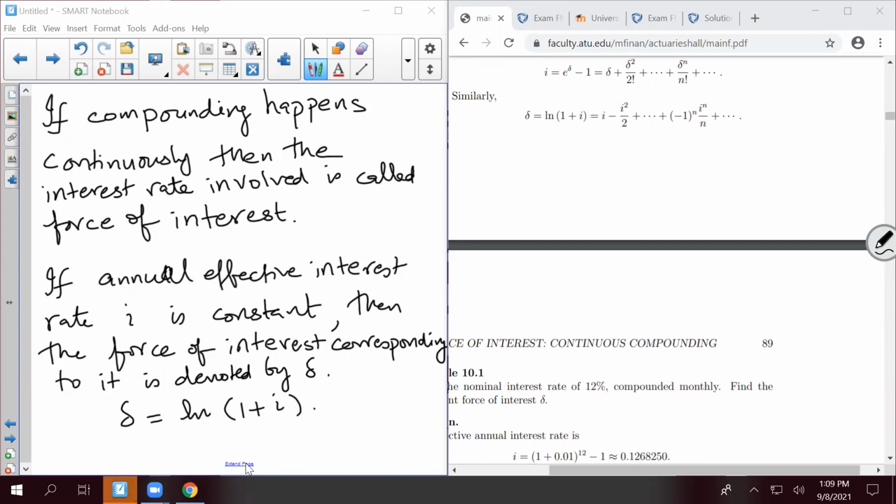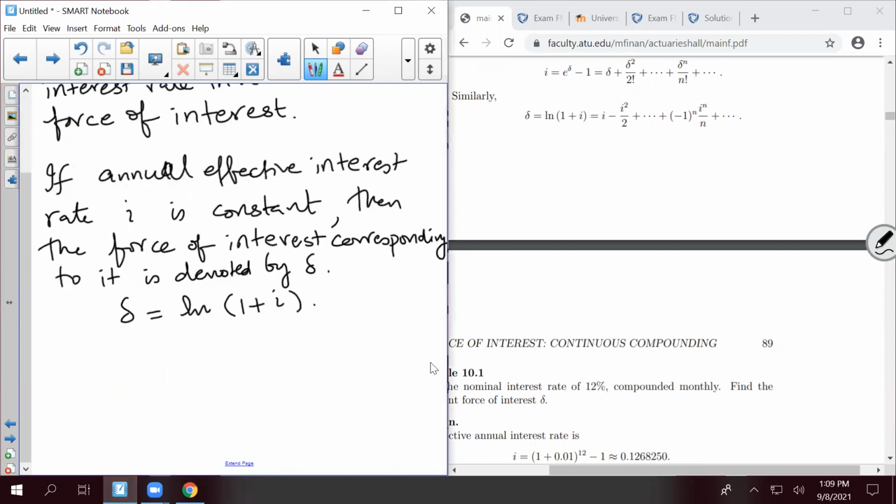And from here, can you find out I from this equation? I have delta is equal to ln 1 plus I. How will you find I from this equation? Take exponent of both sides. So I'll get e power delta is equal to 1 plus I. So what would I be?